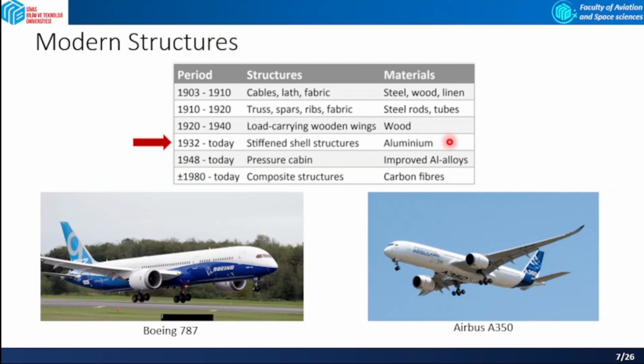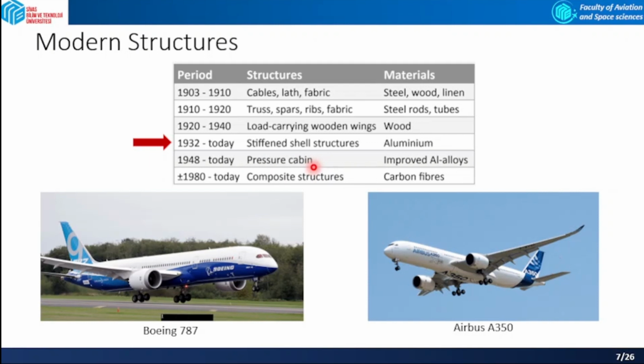And after the Second World War, the jet engine was introduced in civil aviation, which enabled airlines to fly much longer distances. And these flights were performed at very high altitudes, which requires the cabin to be pressurized. So we have a pressure cabin concept.